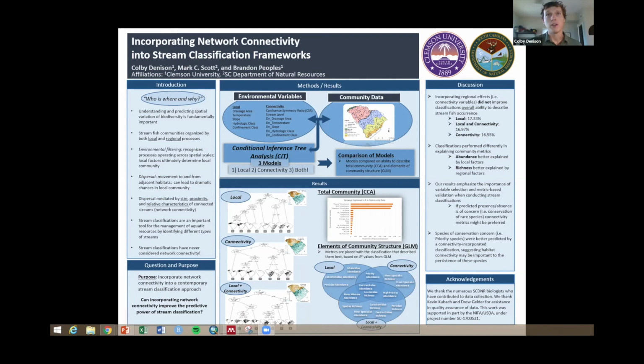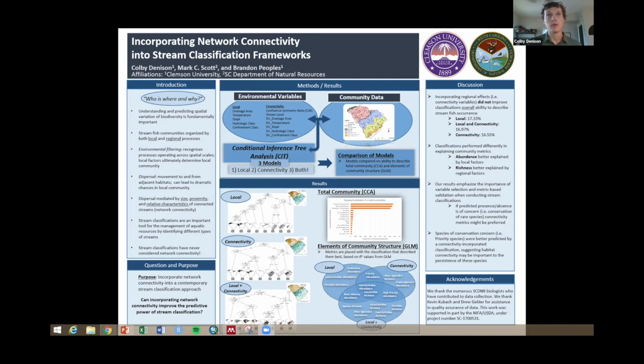And so I'm dealing with stream fish here, and it's long been recognized that stream fish communities are organized by both local and regional processes. However, historically, there's been an emphasis on the local, where communities are essentially filtered out by a successive hierarchical set of landscape filters to determine the local community. So there's been a lot of focus on the local scale.